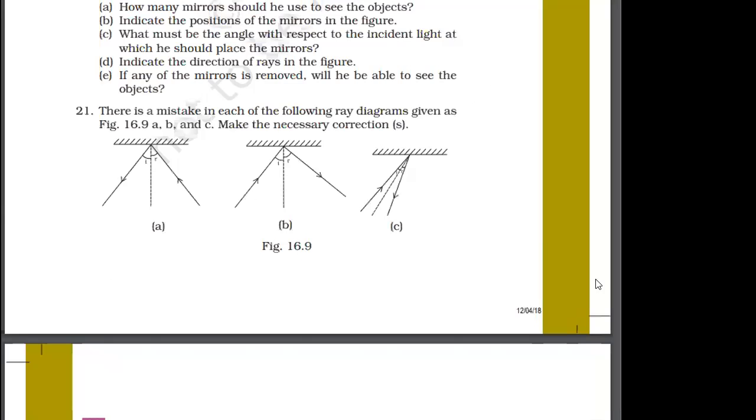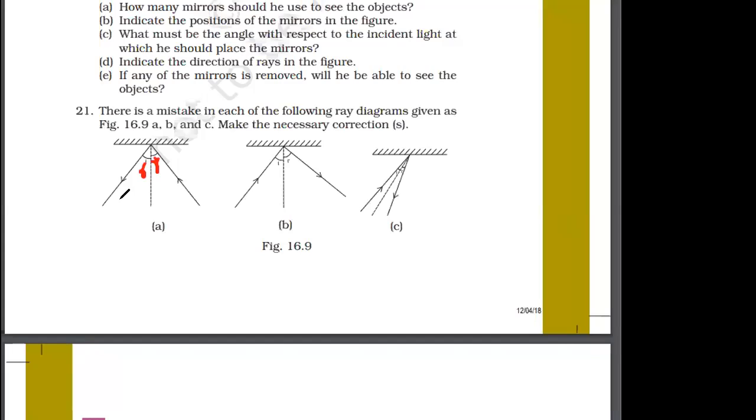21. Let's see question number 21. Tell me. So here you have to just check what the error is. Here it is actually angle of incidence, it is angle of reflection. That is wrong in this, Shivansh.